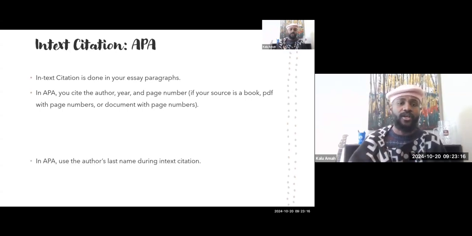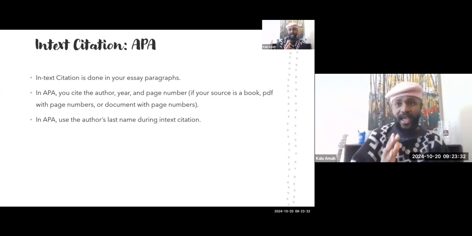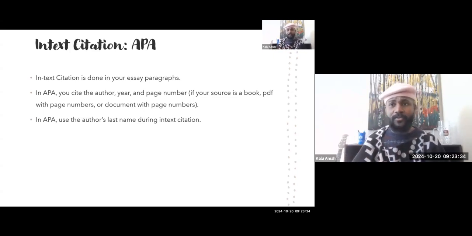I'm going to show you an example, but let's look at other guides. In APA, use the author's last name during in-text citation. Let's assume you are using APA in your paper, and you are mentioning the author for the first time. Always use the last name of that author. Don't include their first name.